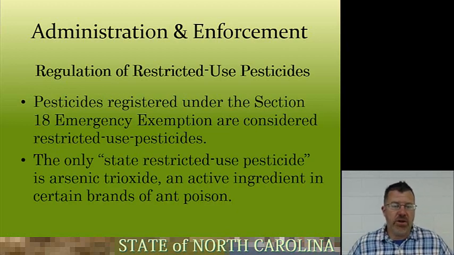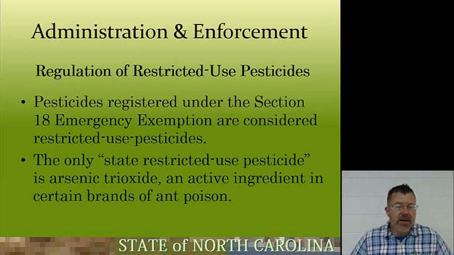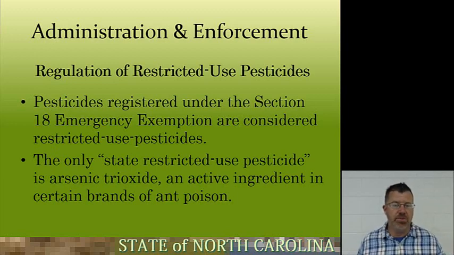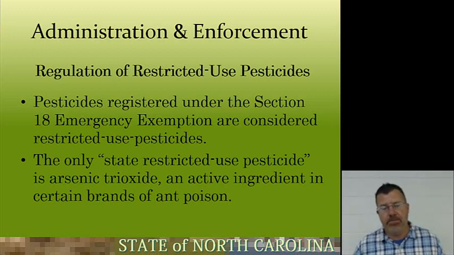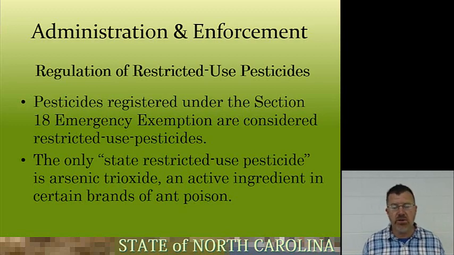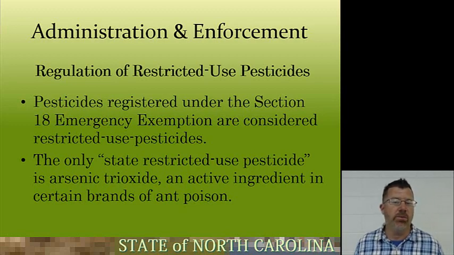Pesticides registered under the Section 18 emergency exemption are considered restricted use pesticides. So those are your restricted use pesticides, your RUPs. Note that the only state restricted use pesticide is arsenic trioxide. It's the active ingredient in certain brands of ant poison.